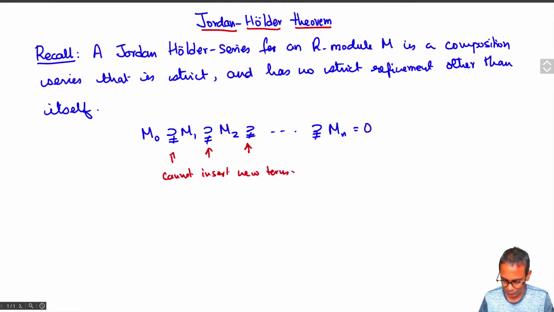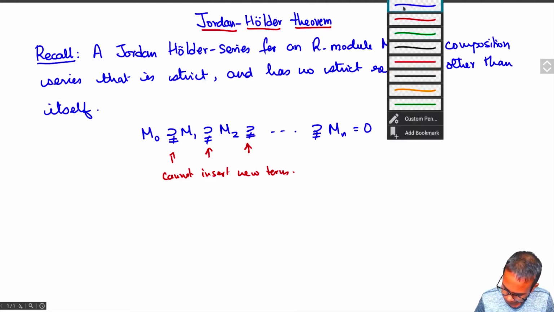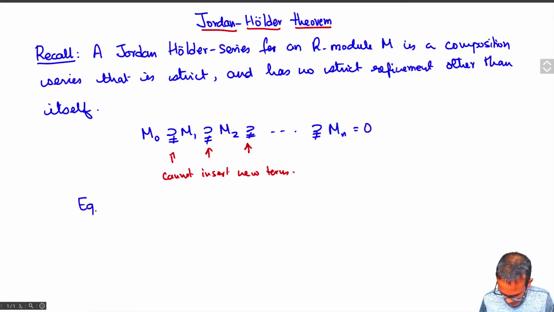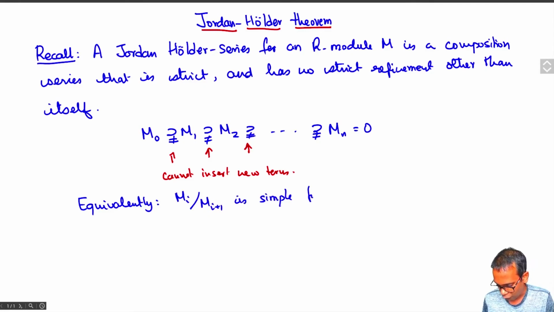Equivalently, we could say that Mi modulo Mi plus 1 is simple for i equals 0 to n minus 1.